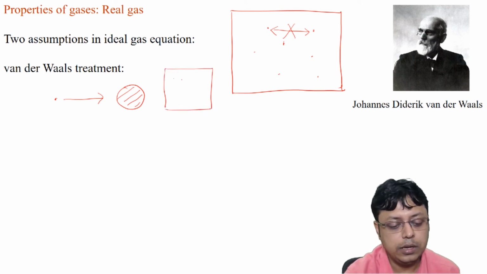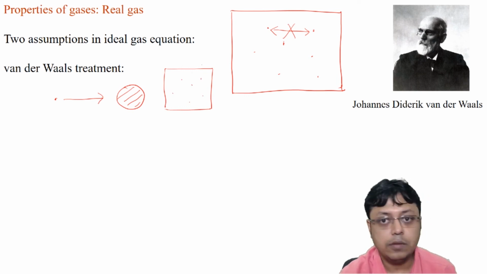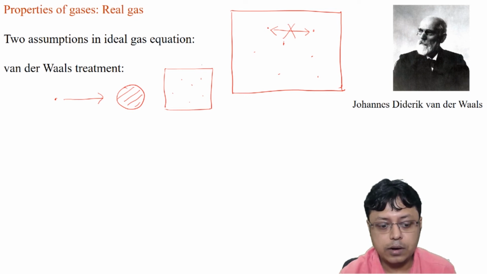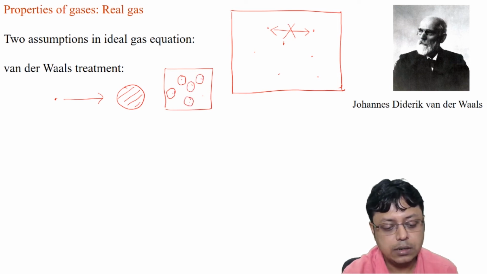If the molecules were all point-like objects, the volume of the gas will be equal to the volume of the container itself. However, if each molecule is supposed to have a finite size, then the situation will be very different.